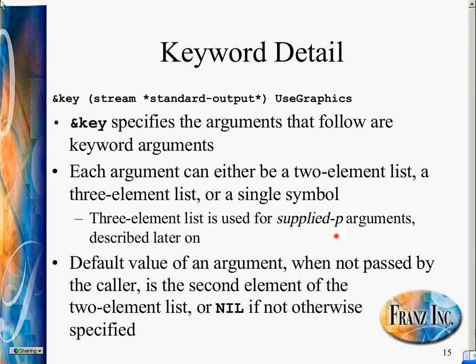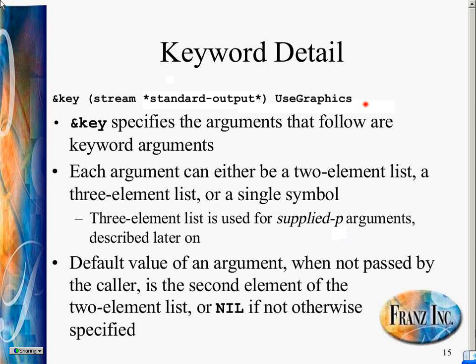Because all of these arguments get a default, either the default that's supplied here, standard output, or the default nil when nothing is specified, useGraphics gets the default nil, there's not necessarily any reason that you can distinguish between the value being supplied and being the same as the default and the value not being supplied.